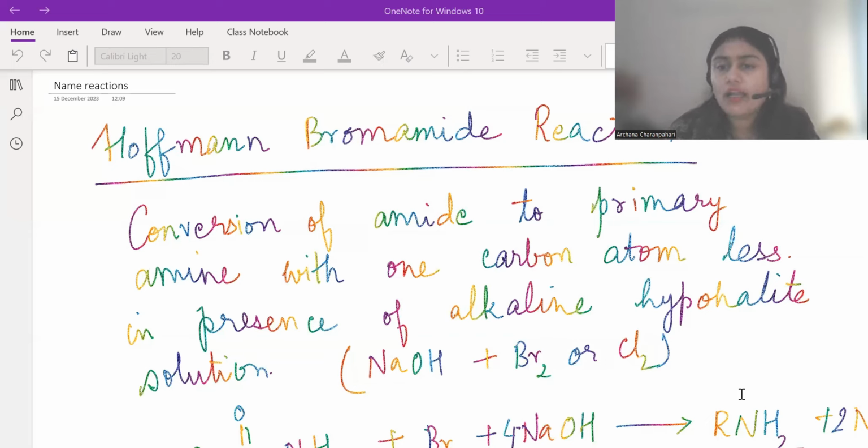Hypohalite, as the name suggests: hypo will be your alkaline solution, that is either NaOH or sometimes the examiner gives KOH. And halite refers to halogen, so Br2 or Cl2. Sometimes, in order to confuse you, the examiner can give KOH plus Cl2. Then we need to understand that it is actually the Hoffmann Bromamide reaction.